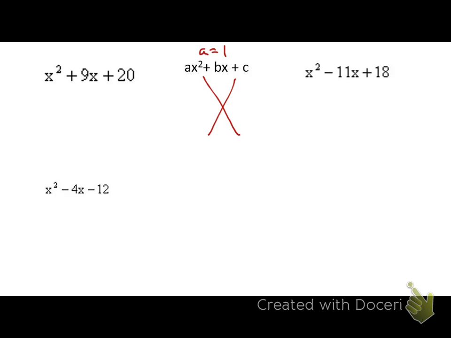And if you look at that, it's the first one, not the second one. You see that on the top of your x, we put the c value in. On the bottom, we put the b value in. And then on each side, we put in the factors of c.